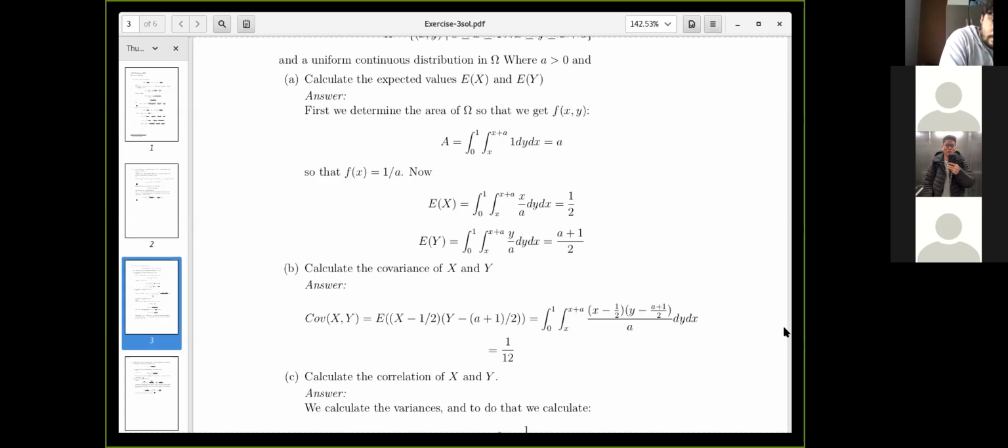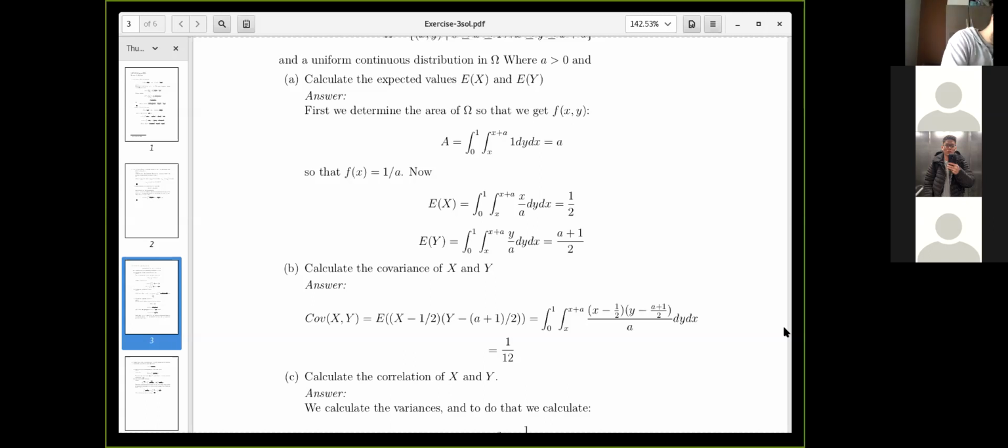So integrate from x to x plus a of x minus 1/2, sorry, dy. So I can show you how to do this integral here. This is the inner integral, and I will calculate that for you.